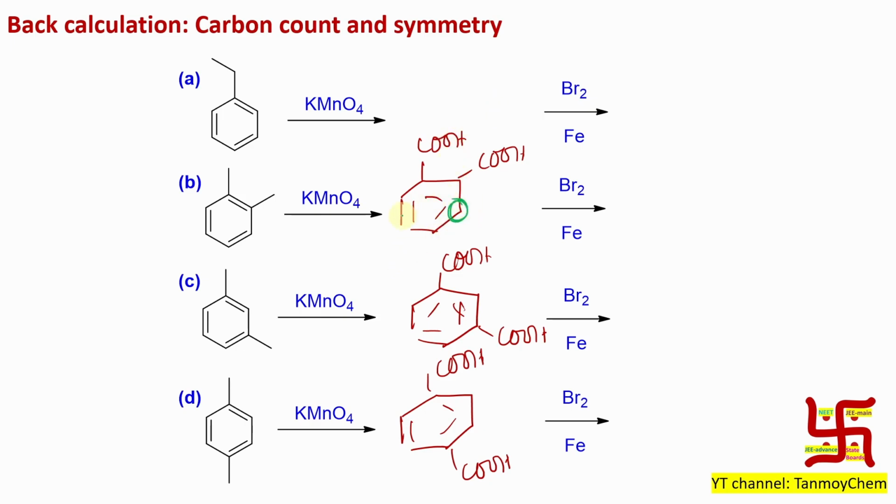One kind of position here, bromination is meta with respect to this carboxylic acid, and if you consider this carboxylic acid, this is meta with respect to this. So two things are the same, this is similar with respect to this. So here two bromo products could be possible. If you look here, position type 1, type 2, type 3.